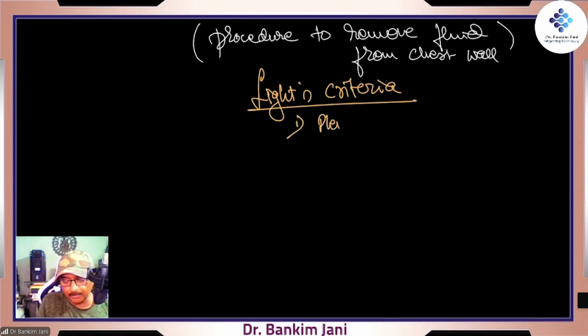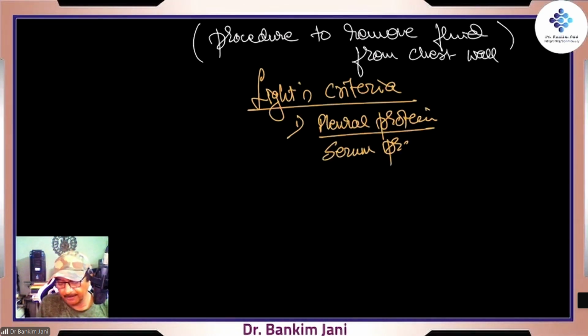When the pleural protein is more, so this is the pleural protein and the ratio pleural protein upon serum protein. When it is more than 0.5, that means in our body, whatever the amount of serum is blood, right? We have got the protein. Even the half of the protein reaches to pleura, it is considered as exudate.